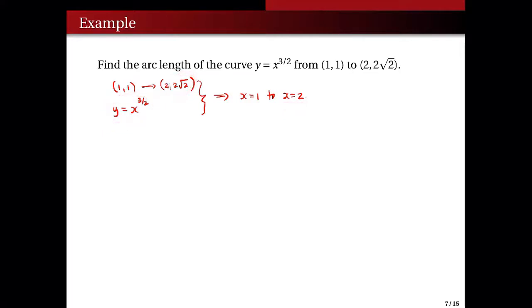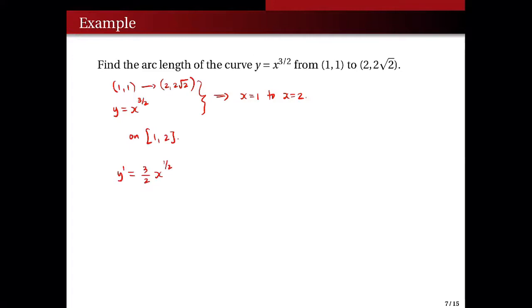So from one point on the curve y equals x raised to 3 halves to another point on the same curve, your interval would be from 1 up to 2. Now, what is y prime? This is just 3 halves x raised to 1 half, correct?